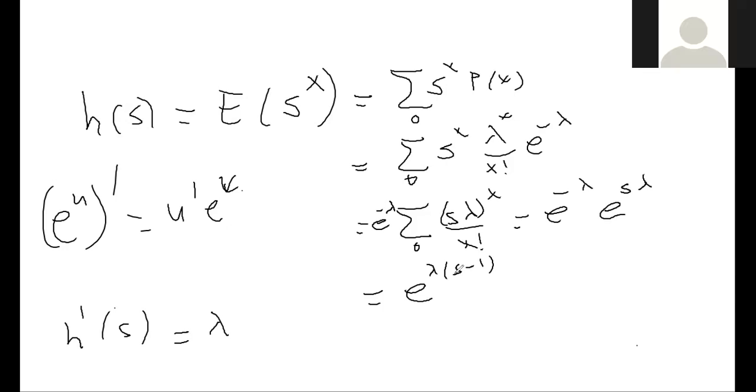That's the derivative of u. As u is lambda s minus lambda, the derivative is lambda, times e to the lambda s minus 1. So h prime of 1 is lambda.